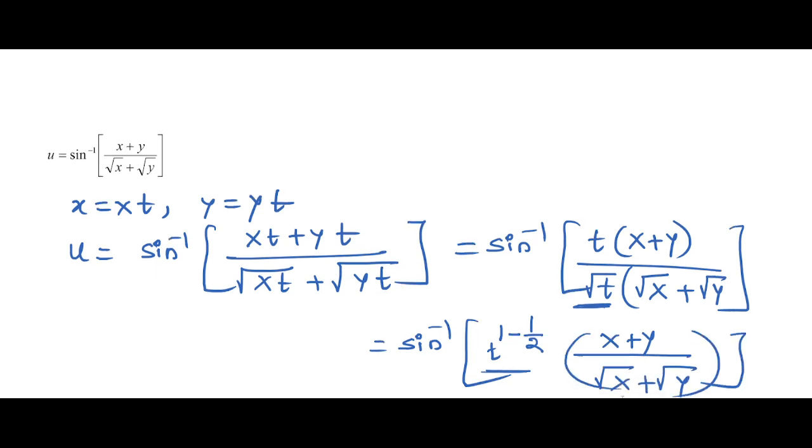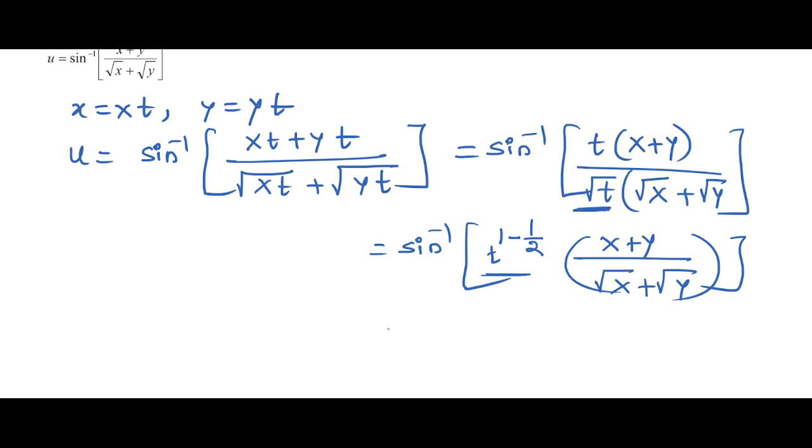So here, as per the definition, if we are able to write t raised to n into f of x y, then that function is called homogeneous. But here what we are getting is sine inverse of t raised to 1 by 2. The remaining expression is as it is, (x plus y) upon (root x plus root y).